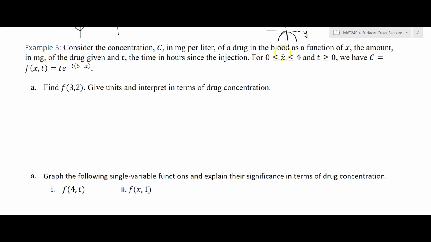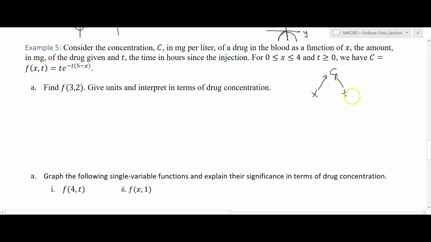First of all, your blood concentration of that drug depends on how much of it has been administered, as well as how long it's been in hours in the bloodstream. So to figure out how much of this drug you have, we need to know how much of it you were given, but we also need to know how long that drug has been in your body. Because of course, if you took aspirin 2 weeks ago, even though you may have taken a large dose, because it's been 2 weeks, that's probably going to result in a lower concentration.